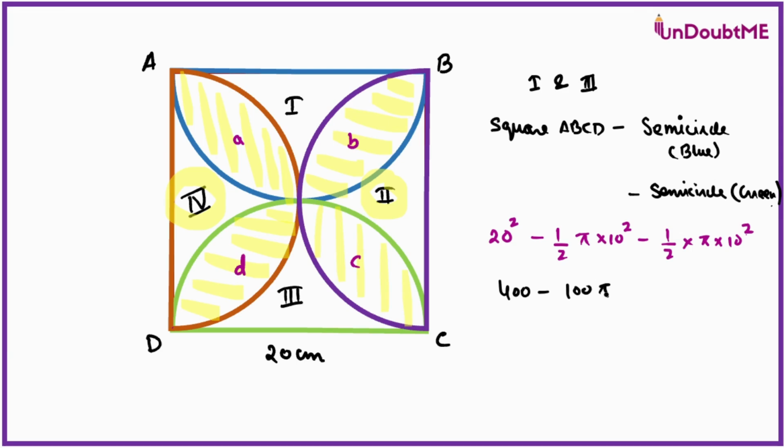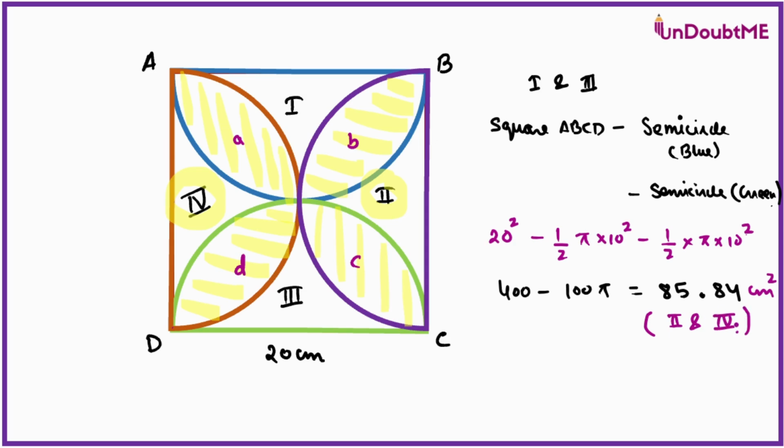So it is 400 minus 100 pi, and that comes out to be 85.84. Now this, in centimeter squared, is the area of part 2 and part 4.